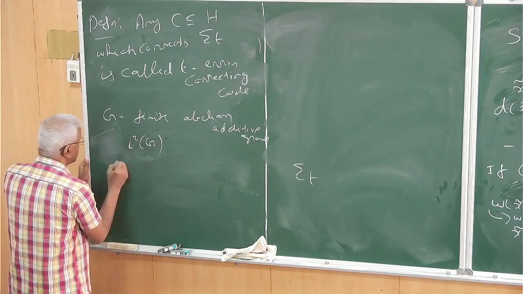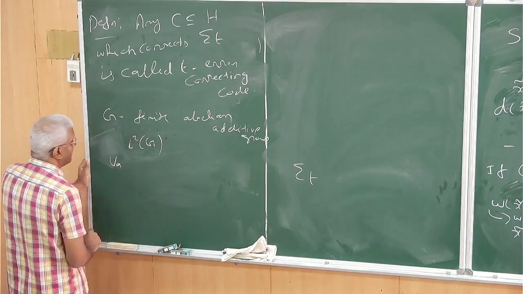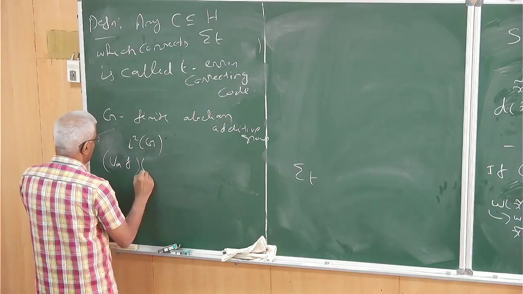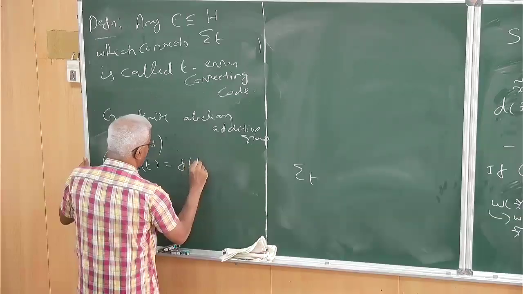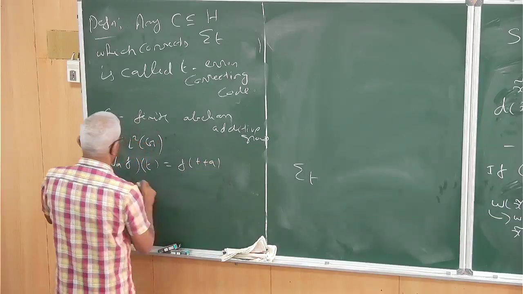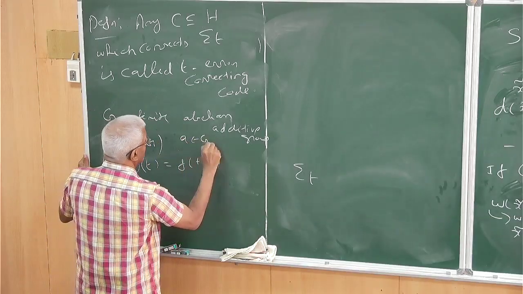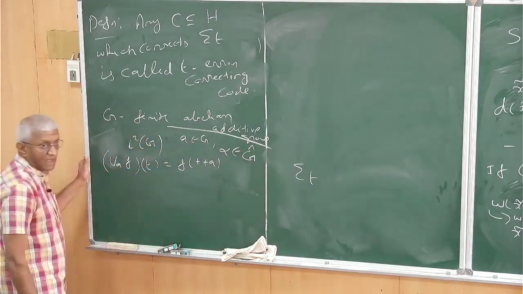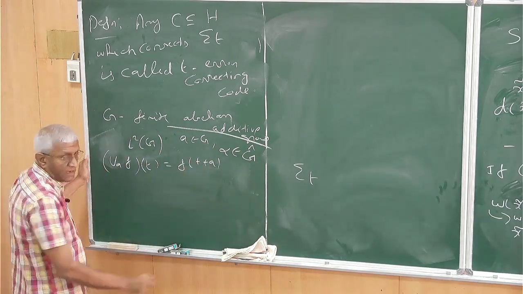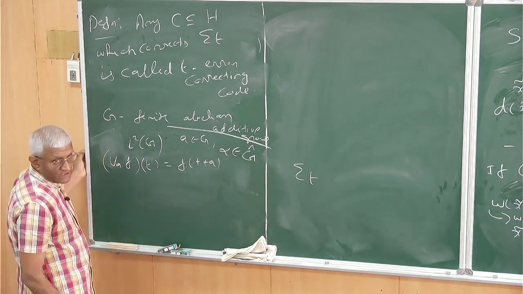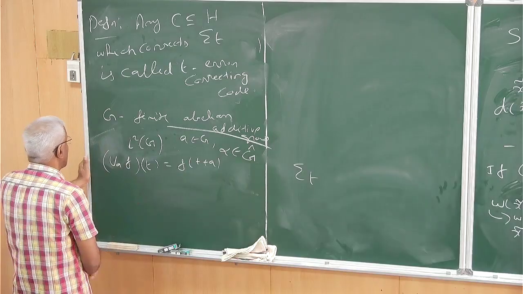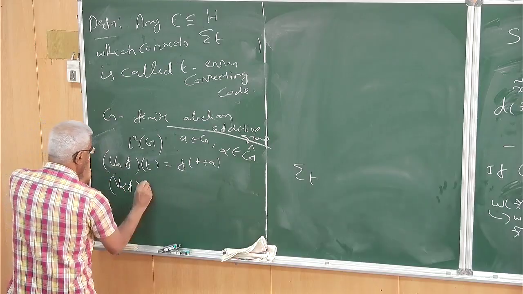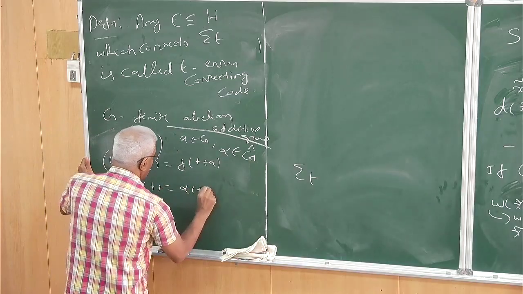Then we have these Weyl operators. We have already defined, on L2(G) functions, U_a f at t is f of t plus a, and V_alpha f at t is alpha(t) f(t), for a in G and alpha in G hat, the character group, which is all homomorphisms from G to the circle.